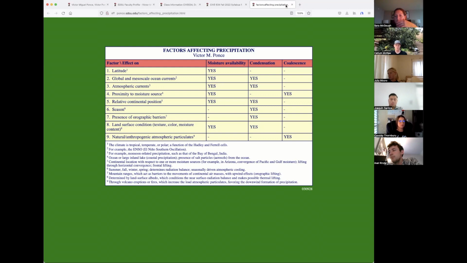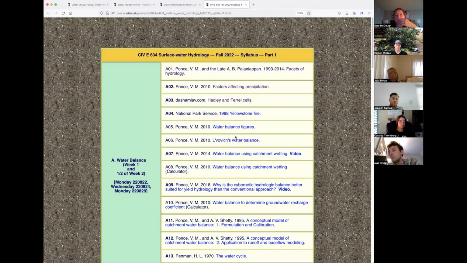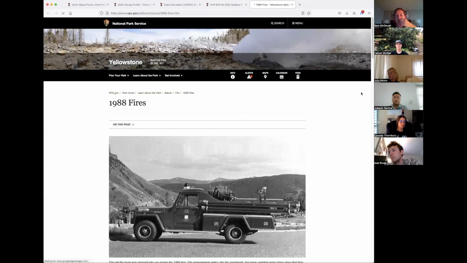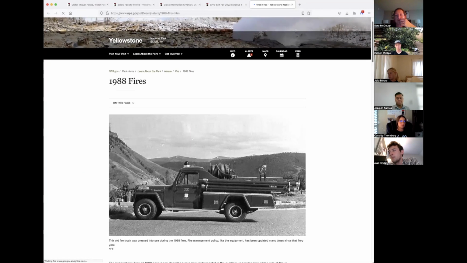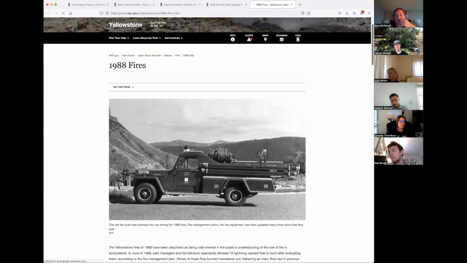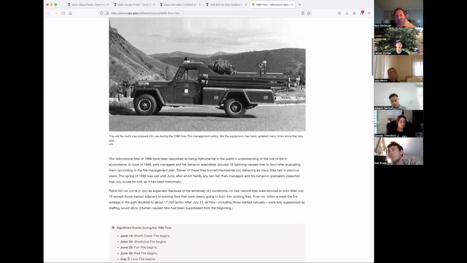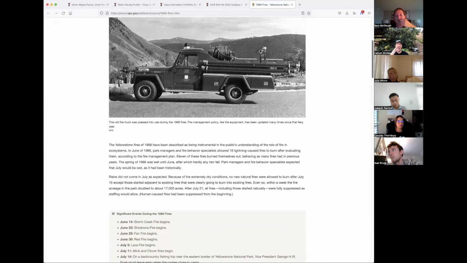And in here, I am going to show you something that I put together today, the Yellowstone fire. The 1988 Yellowstone fire burned a whole lot of park out there.